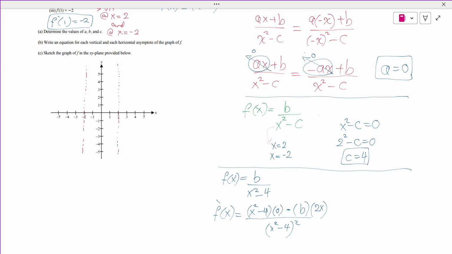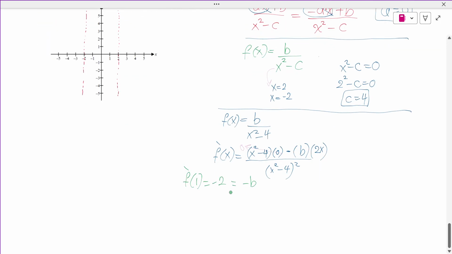So this is the derivative. So this one becomes 0 because it's multiplied by 0. And we know that f prime of 1 equals minus 2. So f prime of 1 equals minus 2, right? f prime of 1 equals minus 2, which is minus b, okay?